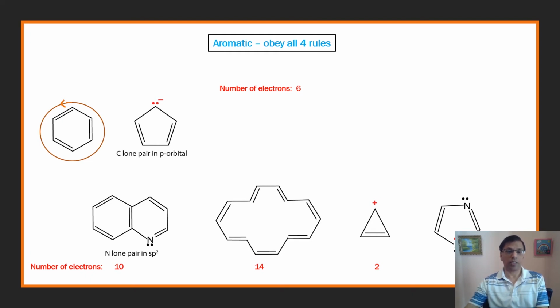The lone pair of electrons on the carbon atom are in the p orbital, and hence they are available for delocalization with the electrons of the 2 double bonds. The entire molecule, anion, is cyclic. It obeys all the 4 rules, and hence this anion is aromatic.